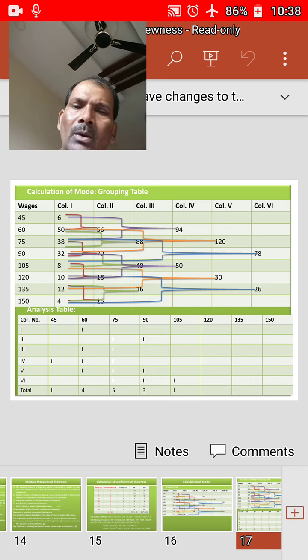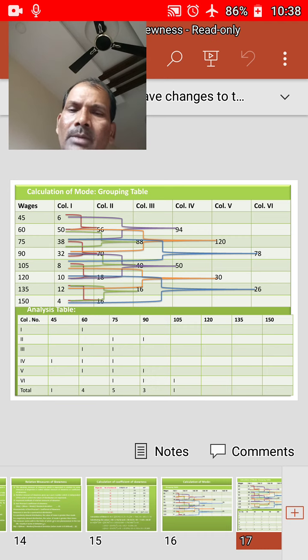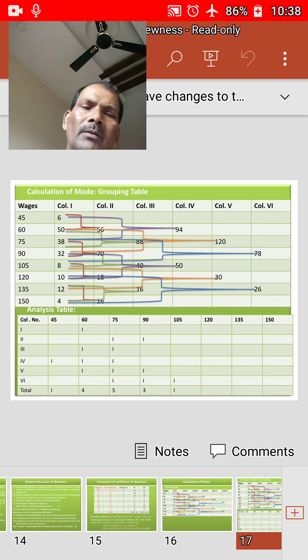Hence, 75 occurs the most, 5 times, so the modal wage is considered as 75.